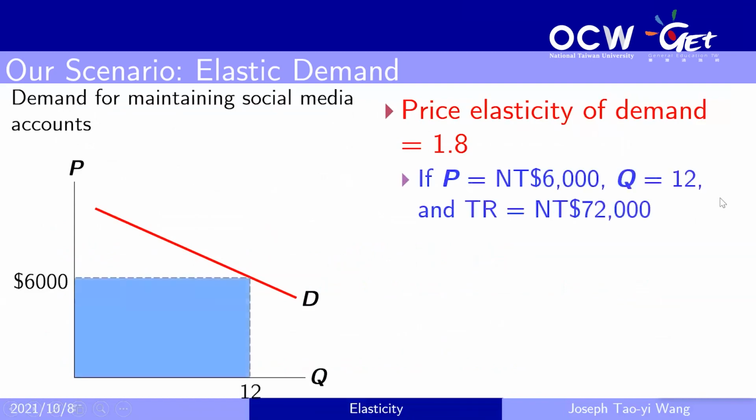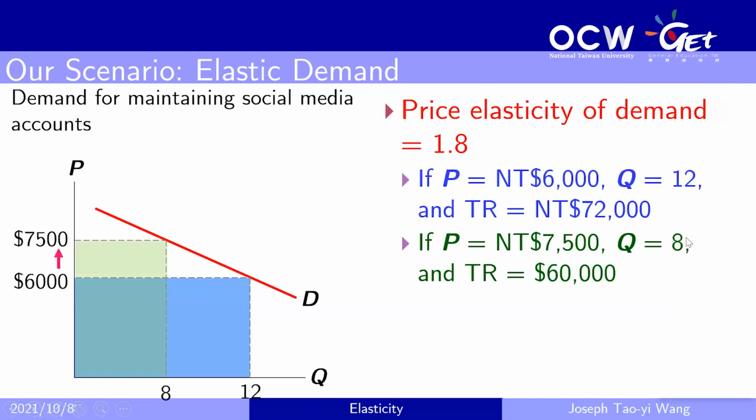Originally, you have a price of $6,000. Quantity demanded is 12 social media accounts. And the total revenue is $72,000. Well, substantial. Now, when you go to $7,500, quantity demanded drops to 8.